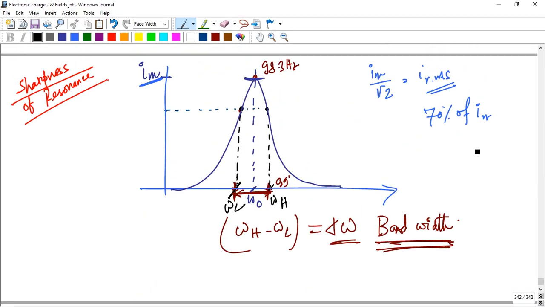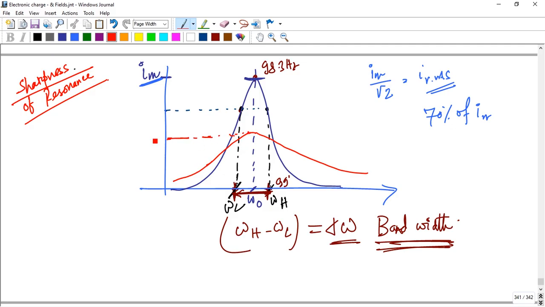Now, what is the sharpness here? Now we choose another signal. Suppose the signal looks like this, another type of signal, and here you see that the maximum current is here. Now you see the bandwidth in red color.